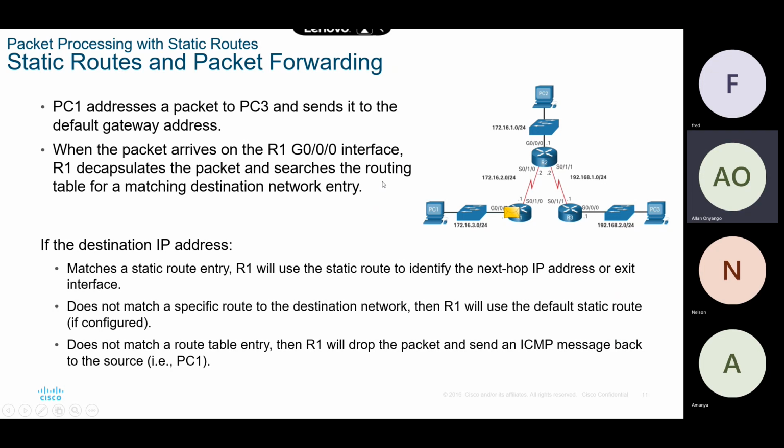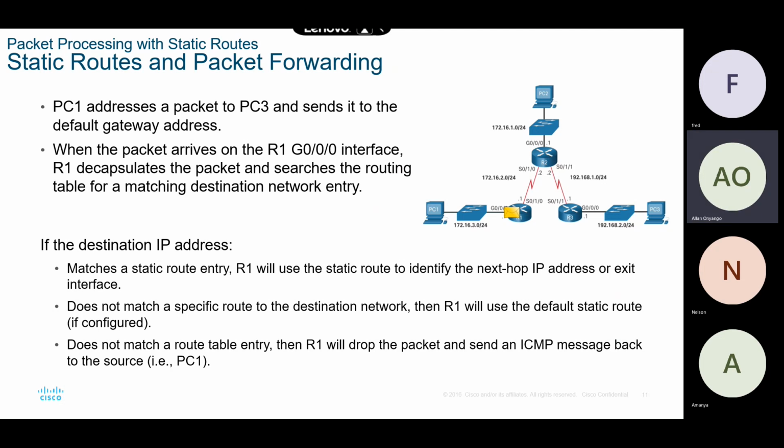Remember encapsulation and de-encapsulation? The packet arrives there, and router R1 has to de-encapsulate that packet to be able to look at the destination IP address of the packet. Once the router has determined the destination IP address, if that IP address matches a static route entry on R1, R1 will use that route to identify the next hop IP address or the exit interface.